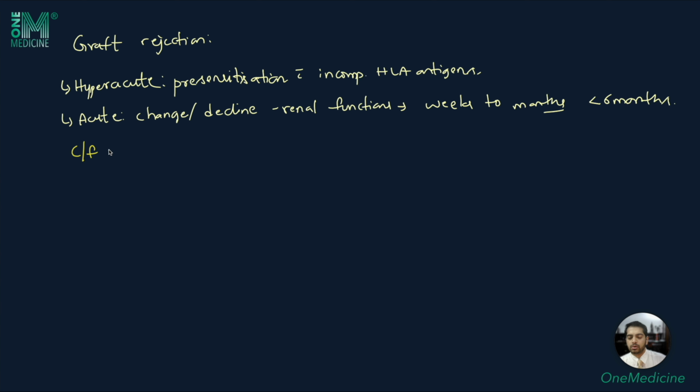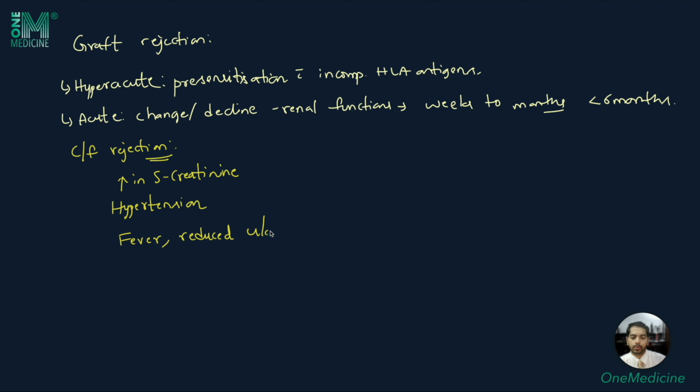The clinical features of rejection include increase in serum creatinine levels. Patient can develop hypertension, fever, reduced urine output, and there can be graft tenderness also occasionally. Diagnosis is made by percutaneous renal biopsy of the transplanted kidney.